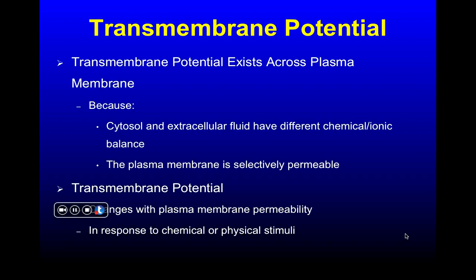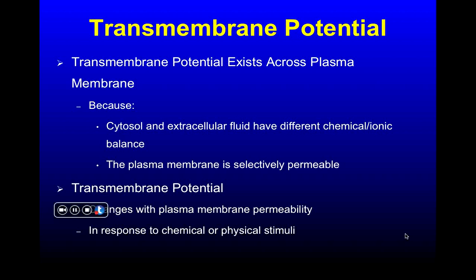Now, the change in the voltage of this plasma membrane, we said at rest it's about negative 70, right? And any of those channels, the voltage, the chemical, the mechanical, can change that number, that negative 70.